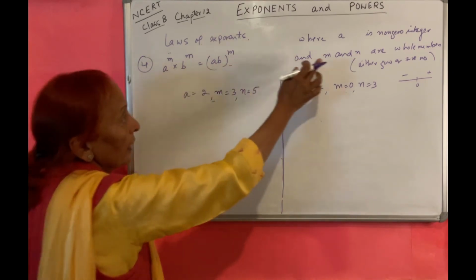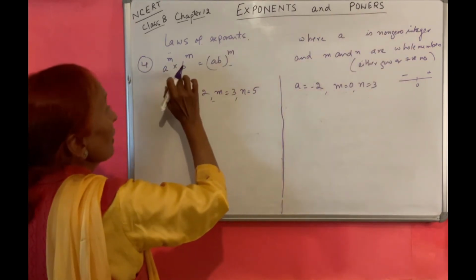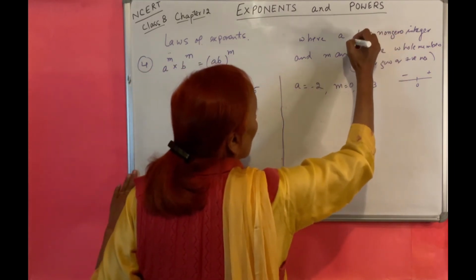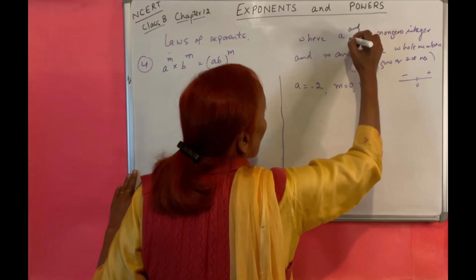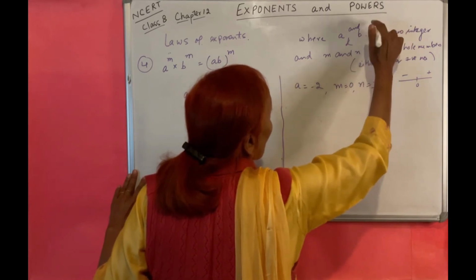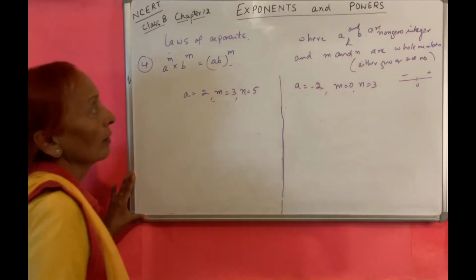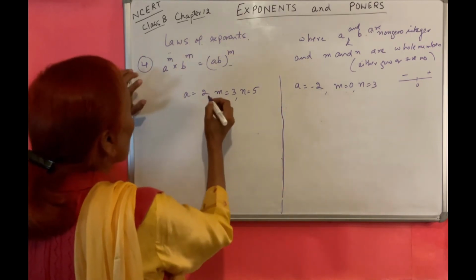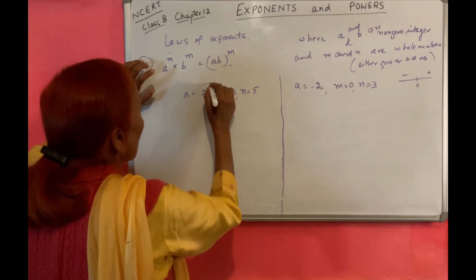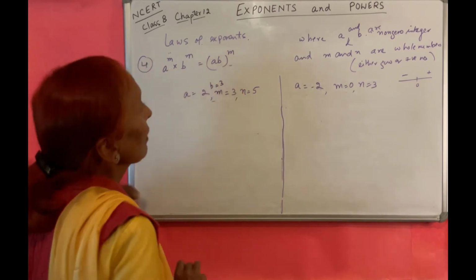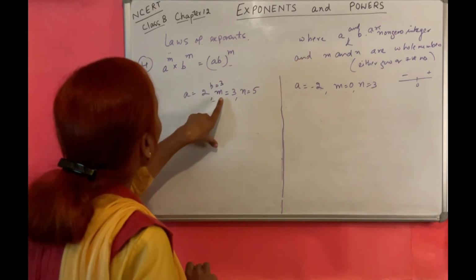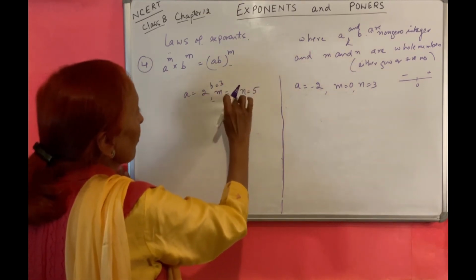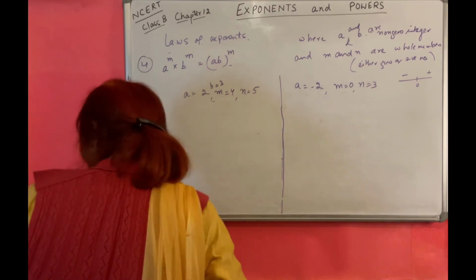इसमें जैसे A is a non-zero integer, ऐसे ही B is also a non-zero integer. So A and B, okay. ठीक है. इसमें हमने A is equal to 2 लिया है, B हम 3 ले लेते हैं, और M हम ले लेते हैं 4, ओके.